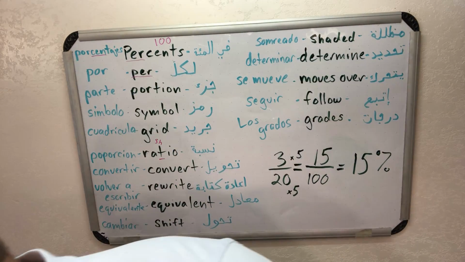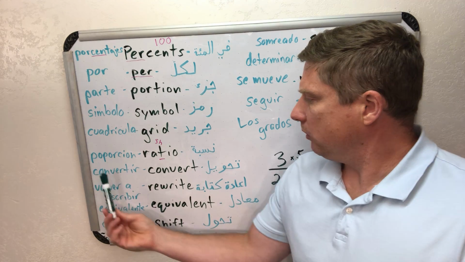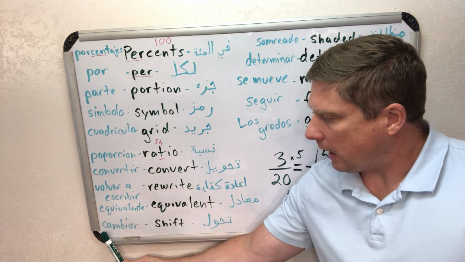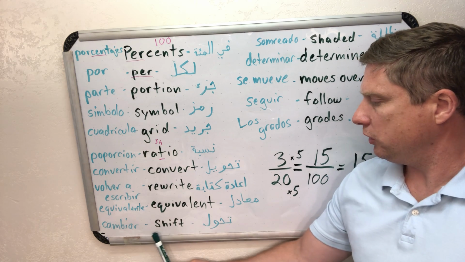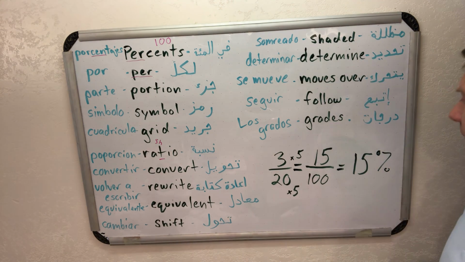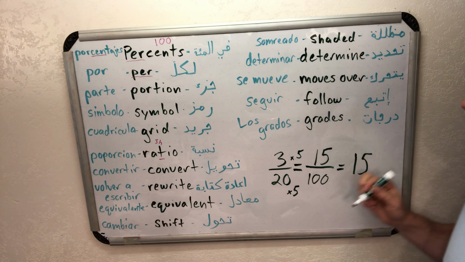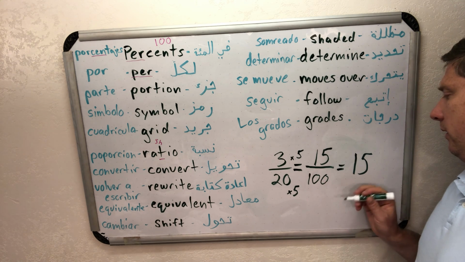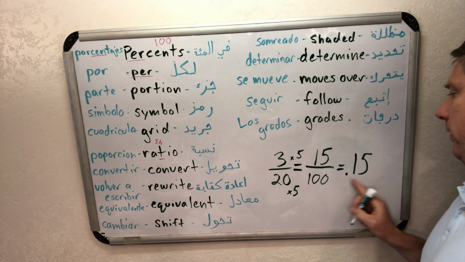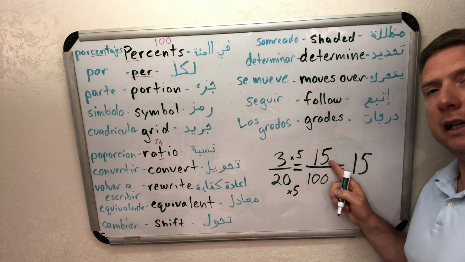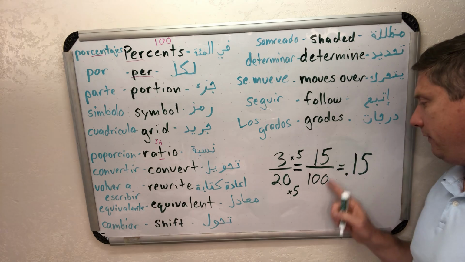We'll practice a few more times. Don't you worry. Okay. So we have the word equivalent. Cambiar or تحول is shift, right? We could say 15 over 100 as a decimal is 0.15, because there's a 5 in the 100th spot.